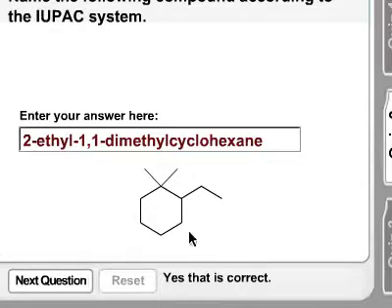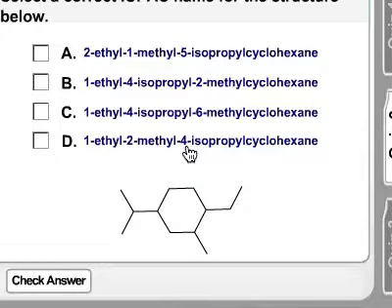And that's correct. So I started with the ring, because that's like my longest chain, and then I named the substituents that were off of the chain. We start numbering at one of the substituents, such that the substituents, of course, have the lowest numbers. All right, so matching up the picture with the name, I see an isopropyl group here, and a methyl group, and an ethyl group. Cyclohexane is my parent chain.